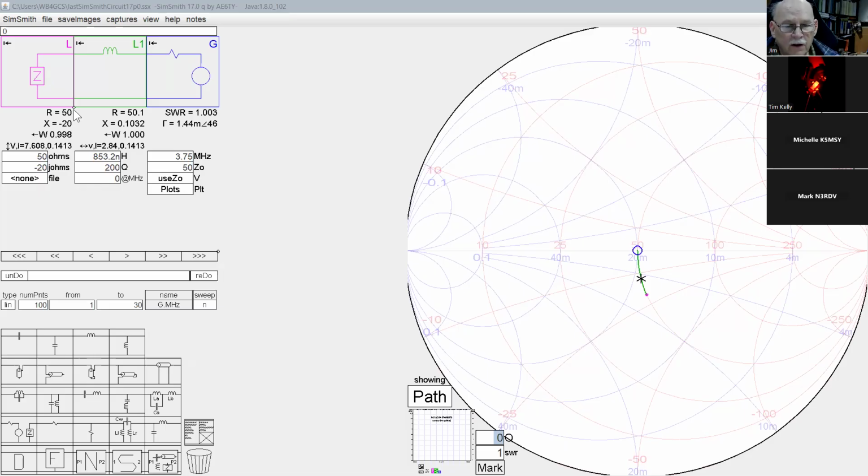Then the program tells me my resistance and SWR at the load, and my resistance and SWR at the upstream side of the inductance. And I look at the source and I'm looking at an SWR of 1.003, when here my SWR would have been more like 1.5. Now, I admit we could all live with an SWR of 1.5. I get that. I was trying to keep this example simple.